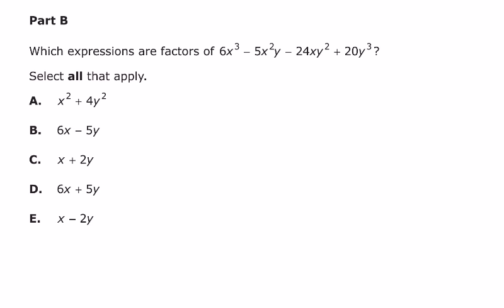Hopefully I'll remember it correctly. So we had x squared times 6x minus 5y minus 4y squared times 6x minus 5y.